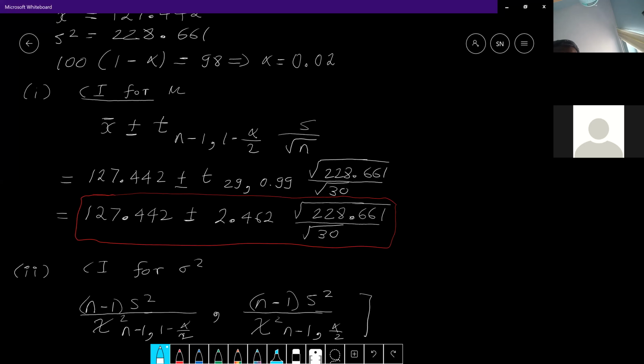This is the formula for the confidence interval for the population variance.